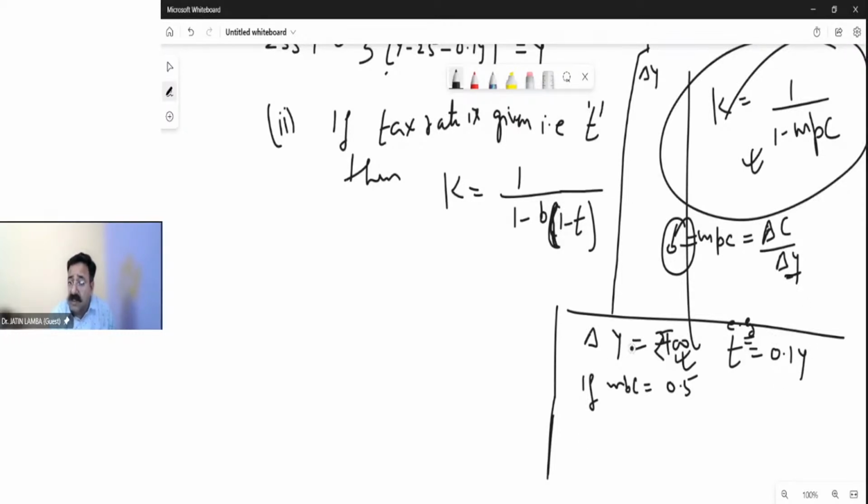Whatever the change in income, see बच्चे, बहुत ध्यान से देखना, 10% tax is given to the government and the remaining 90% income will be the disposable income, right?